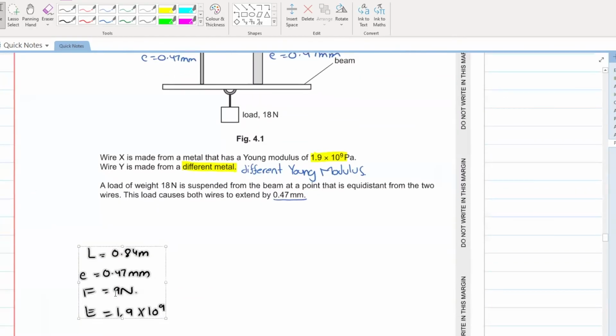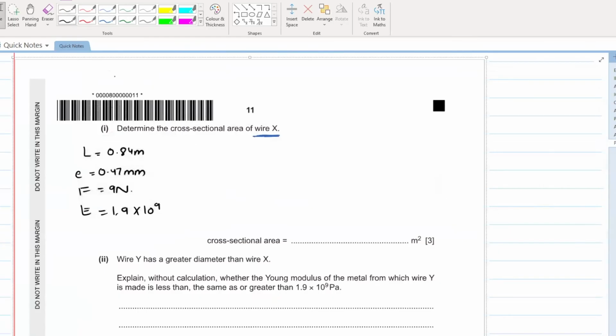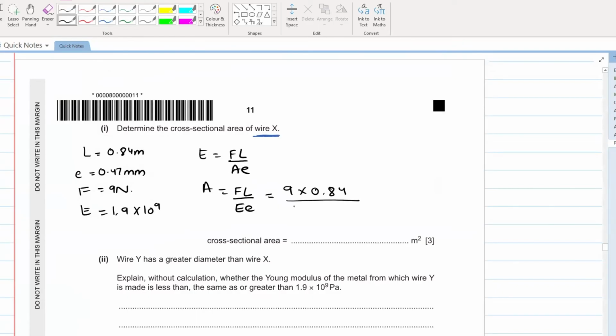Do you remember the Young's modulus formula? E is equal to FL over Ae. Perfect. Can you isolate the area? Area is equal to FL over Ee. F is 9, length is 0.84 meters, Young's modulus is 1.9 into 10 raised to the power of 9, extension is 0.47 into 10 raised to the power of minus 3.